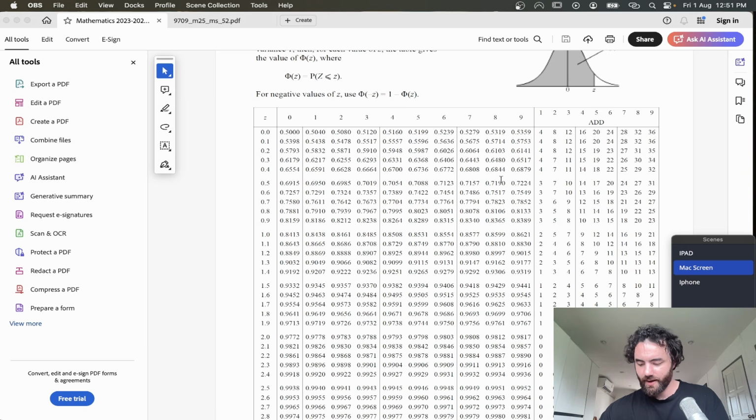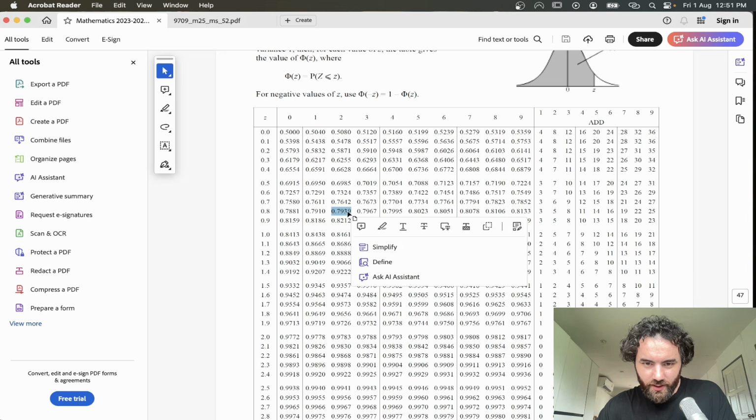So we have 0.828: z value 0.82, and 8 across here, so you're adding 22 to this. 0.82 gives us 0.7939, plus 22 gives us 0.7961.